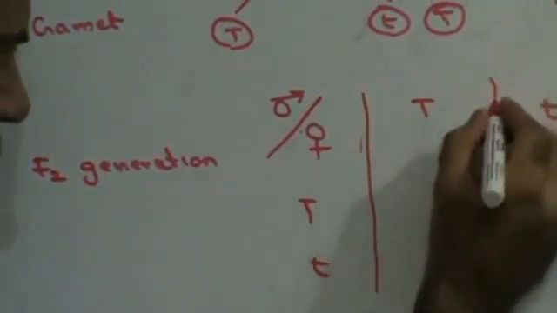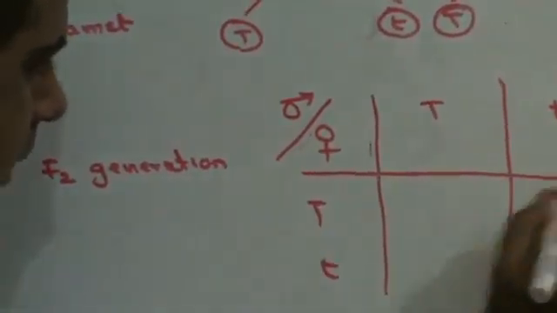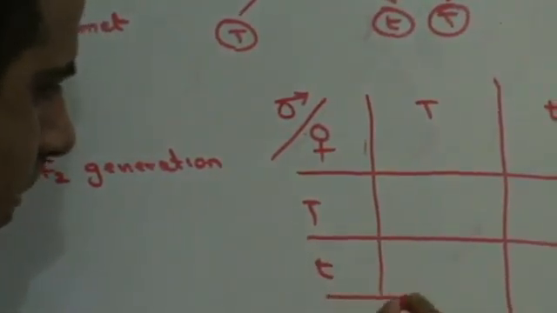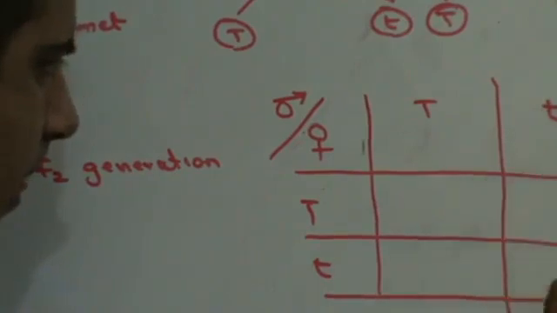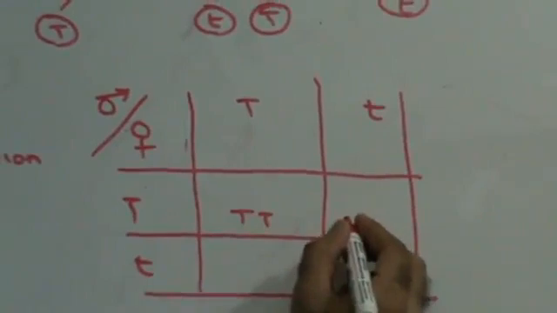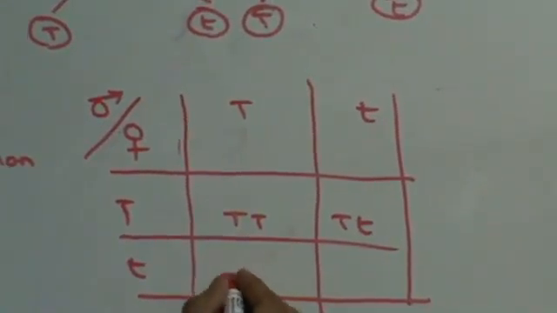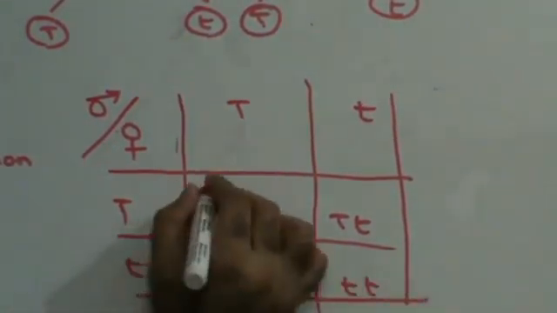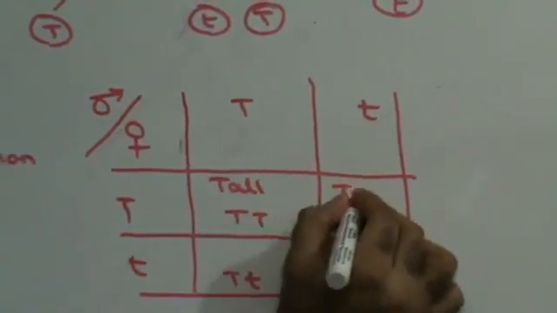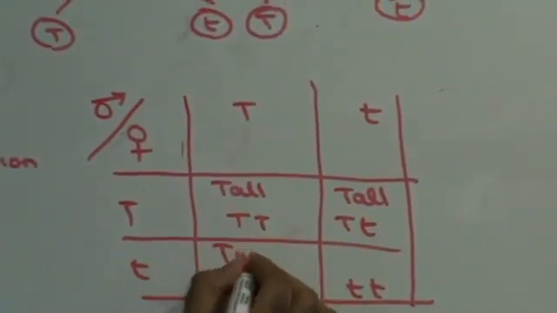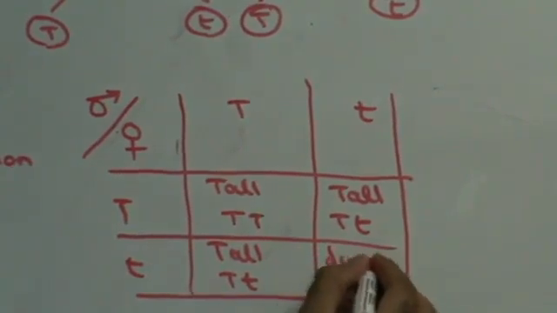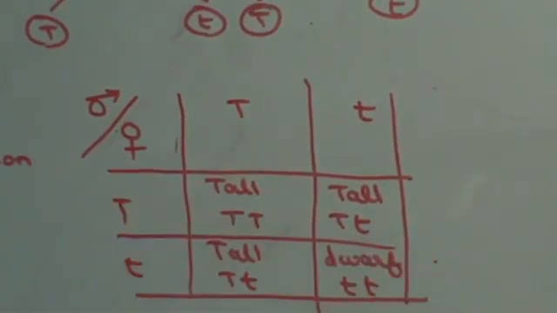So if I made a checkerboard pattern for this, what I would get here is TT, Tt, Tt and tt. Tall, hybrid tall, and dwarf. Right? So you will see that in the F2 generation, the recessive character expresses itself. Fine, do we get this thing here?